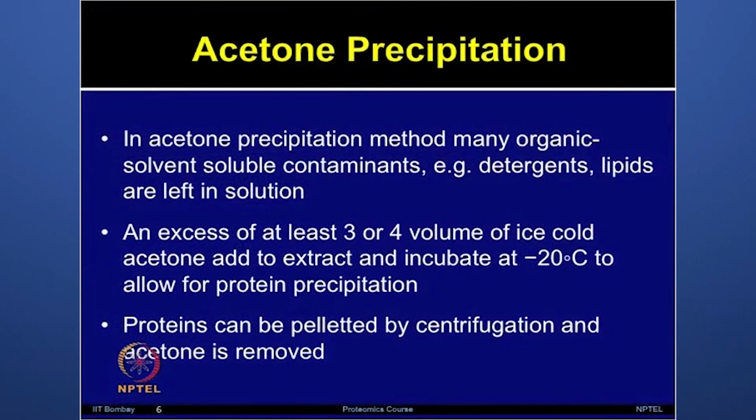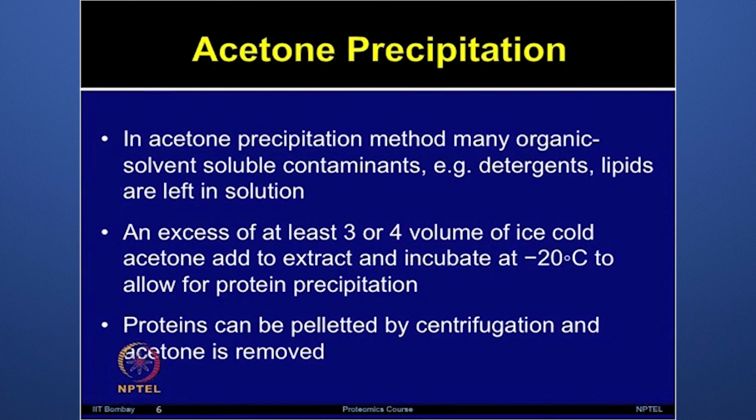Now, let us talk about acetone precipitation. In this method, many organic solvent soluble contaminants such as detergents and lipids are left in solution. So, it is very effective. If you add an excess of at least 3 or 4 volumes of ice cold acetone to your extract, incubate it at -20 degrees for 1 to 2 hours and allow the proteins to precipitate.